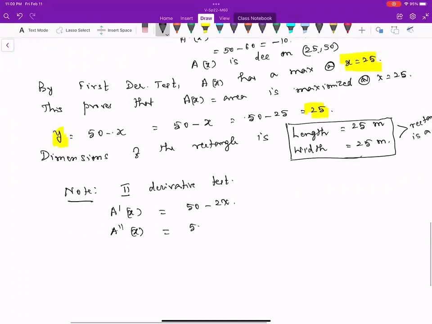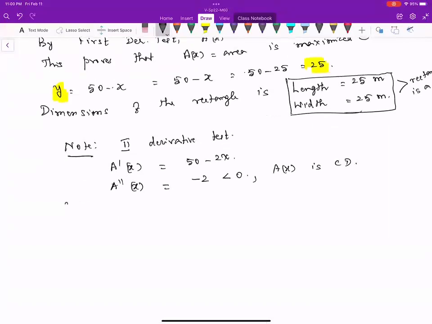What is the derivative of 50 minus 2x? Which is just negative 2. This tells us that the second derivative is less than 0, no matter what the value of x is. So that means the graph of A of x is concave down.